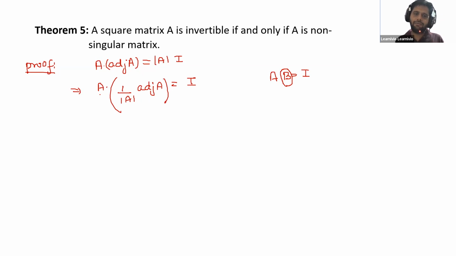Here we have a matrix A, we multiply it with this matrix, and we get the identity matrix. Then can we say that A inverse is equal to 1 by determinant of A adjoint of A?